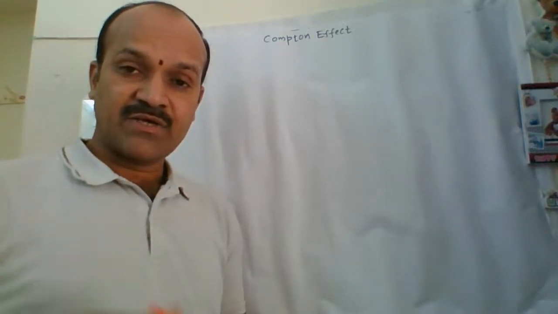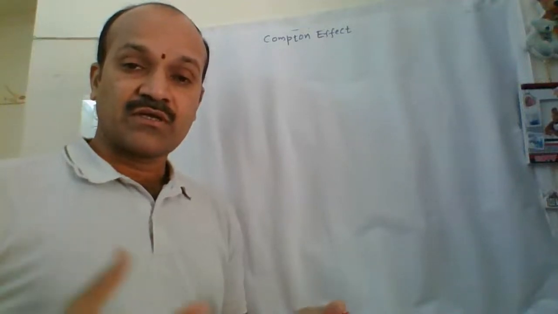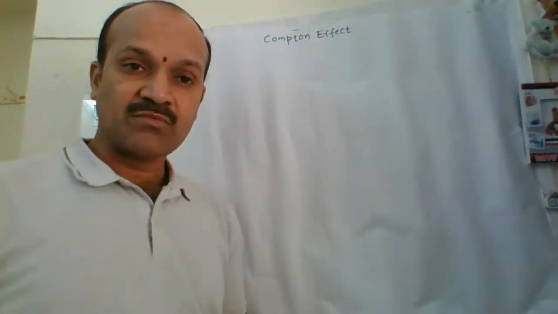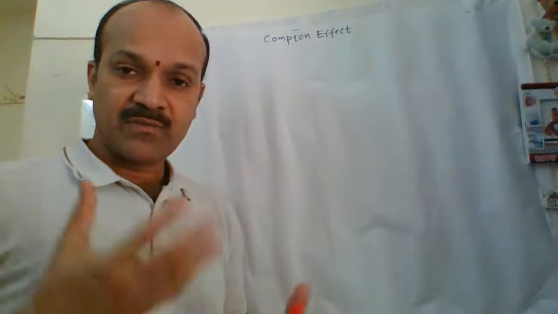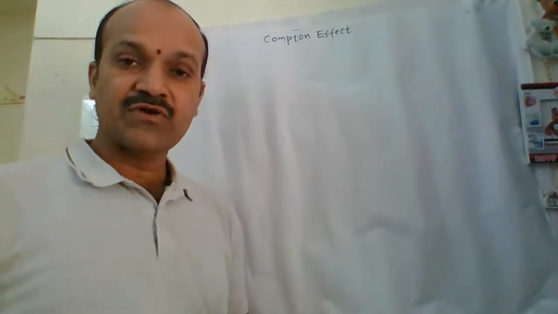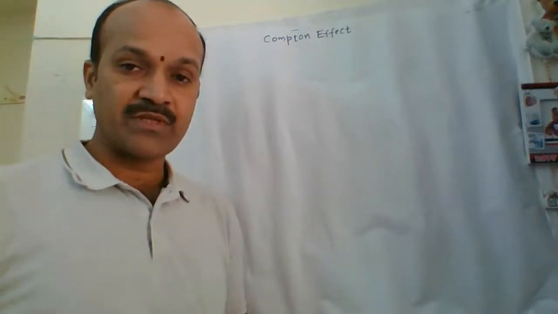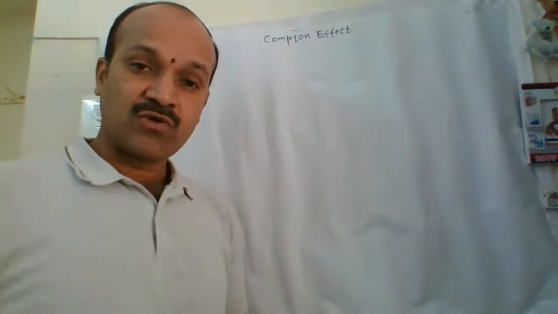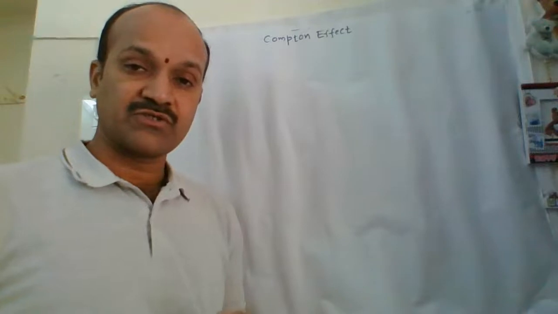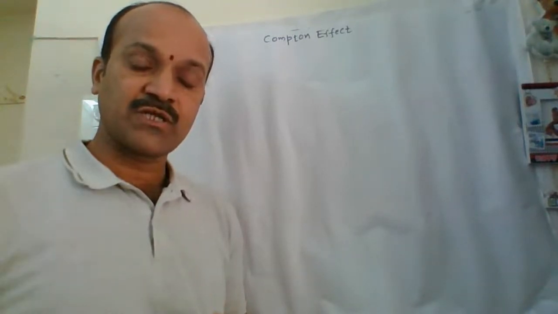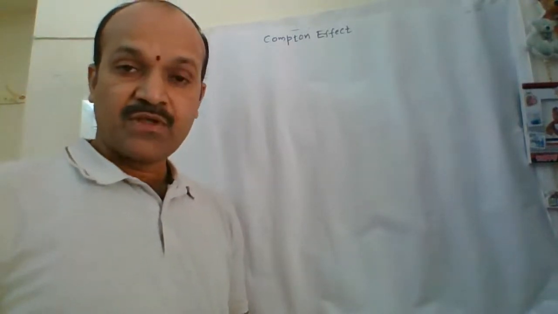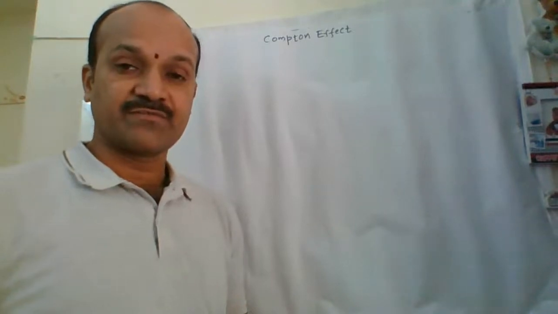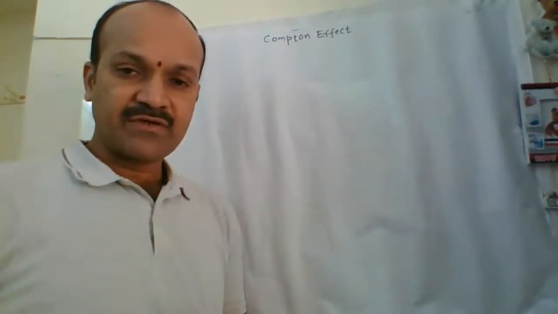Here the photon is absorbed: the complete energy of the photon is absorbed by the electron. Then the electrons come out using that energy and move with the remaining energy as velocity. This happens in the photoelectric effect. The Compton effect is a little different.